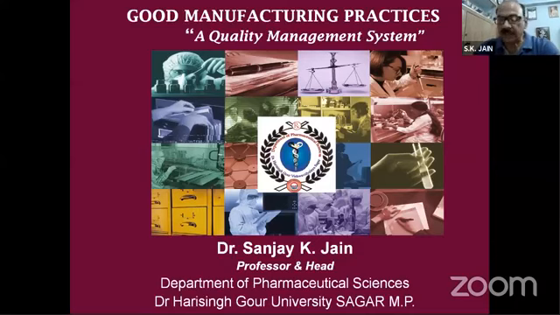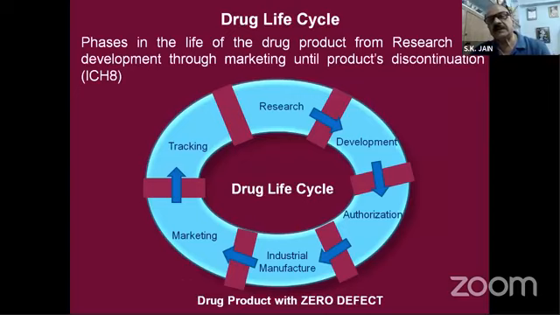So if you see the drug life cycle, it starts from the research and development, where we develop some new formulations or new entity for the treatment of any disease, and for getting relief of the patient with that particular disease.